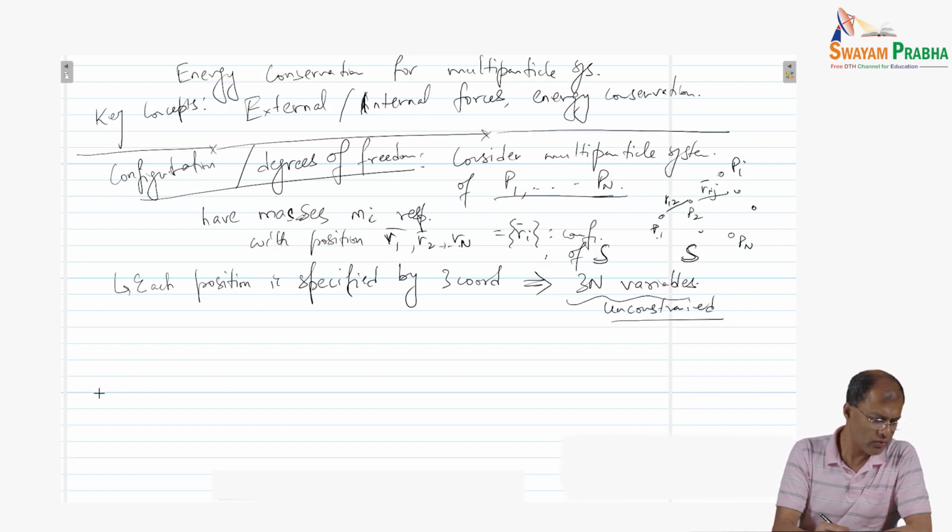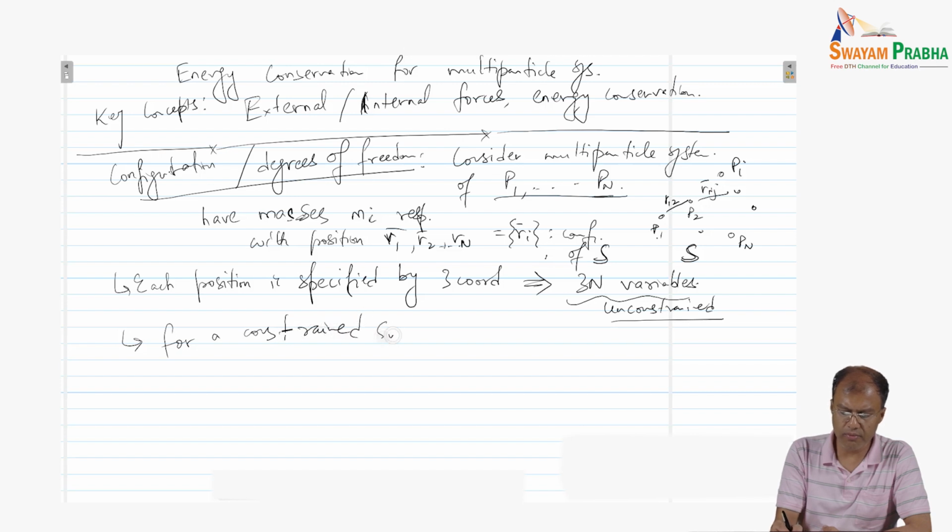So what I just said is, for a constrained system the number of unknowns are reduced.